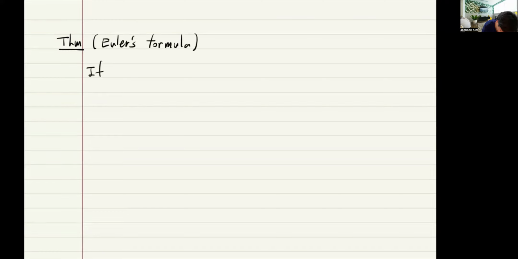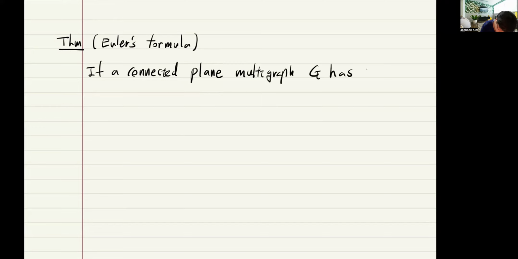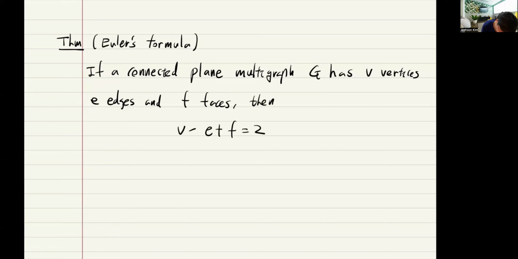If G is a connected plane multigraph with p vertices, e edges, and f faces, then p minus e plus f equals 2.